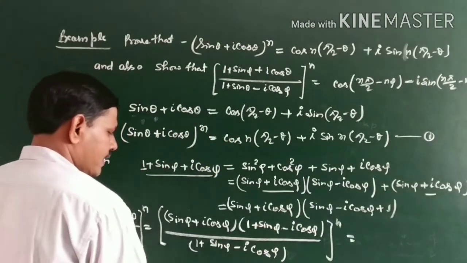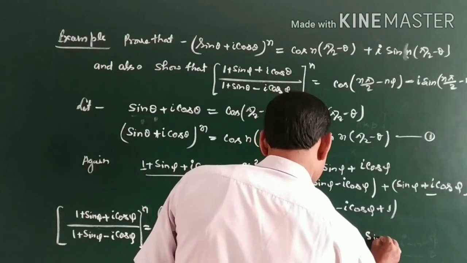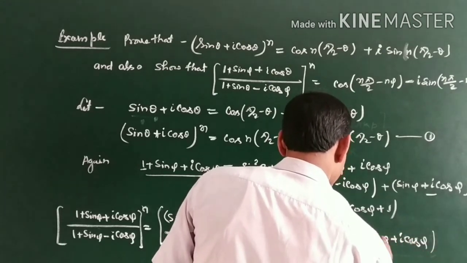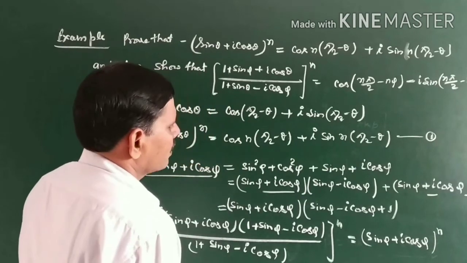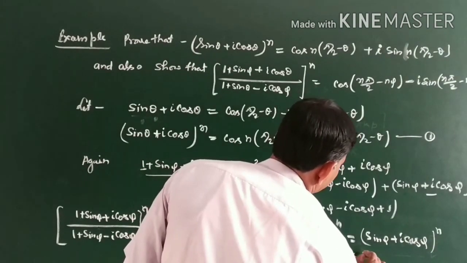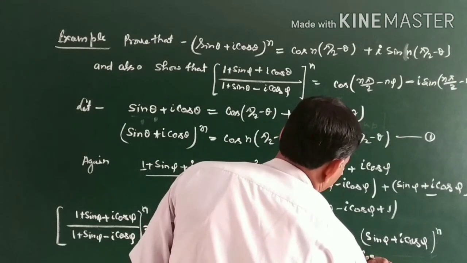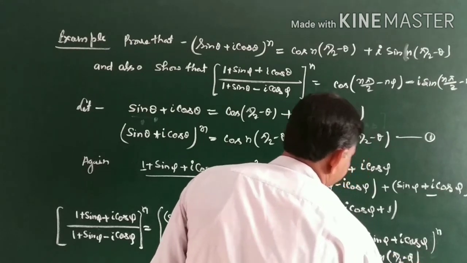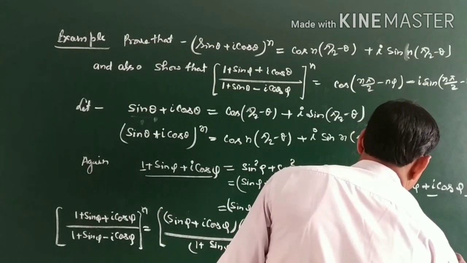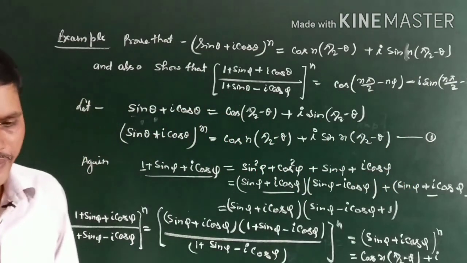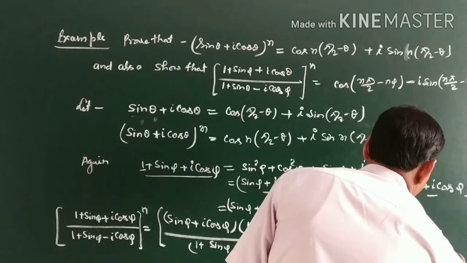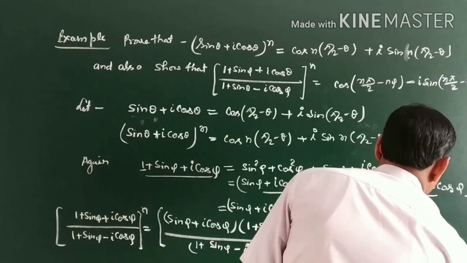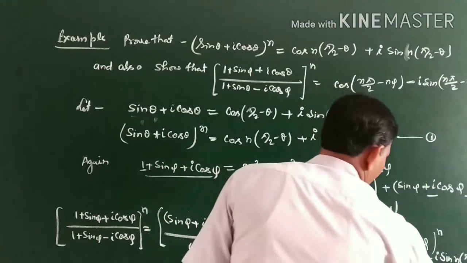This is the same, then cancel: (sine phi plus I cos phi) to the power n. Sine phi we change to cos (pi by 2 minus phi) plus I sine (pi by 2 minus phi). Proof.